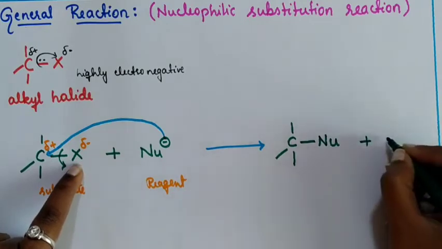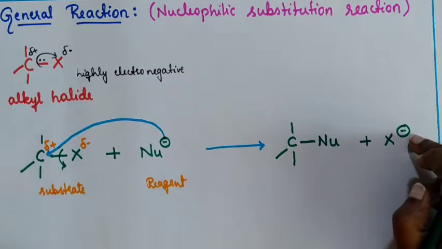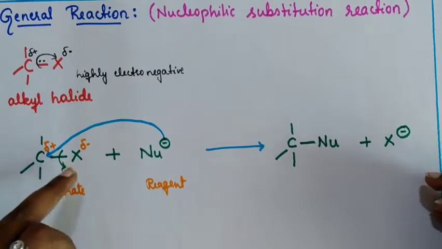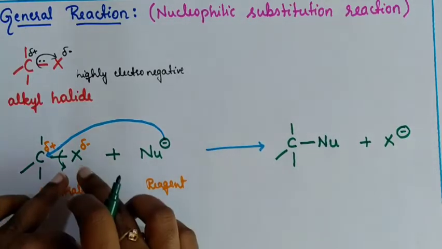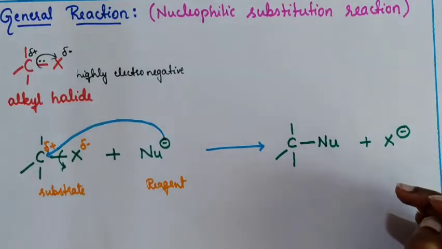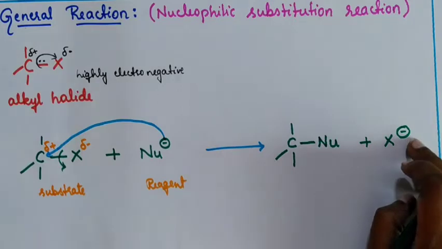So let us write that separately. X minus. Why am I writing minus here along with X? Because the bond broke when the halogen atom pulled the electrons towards itself. So now the halogen atom has more electrons in it. That is why X minus.